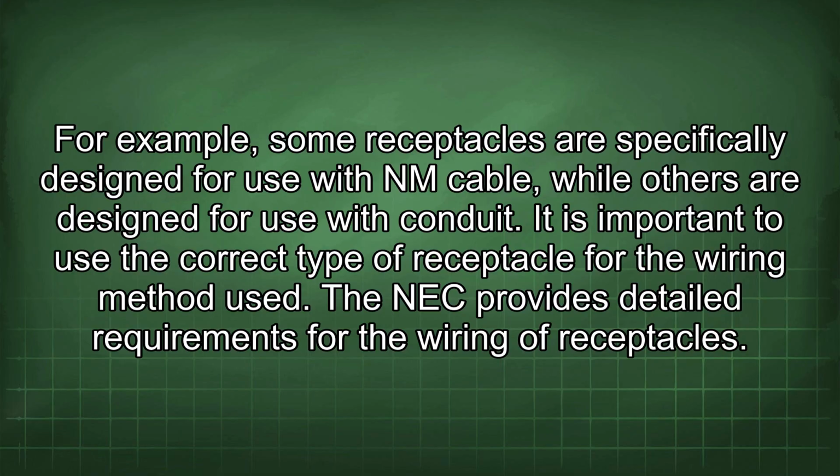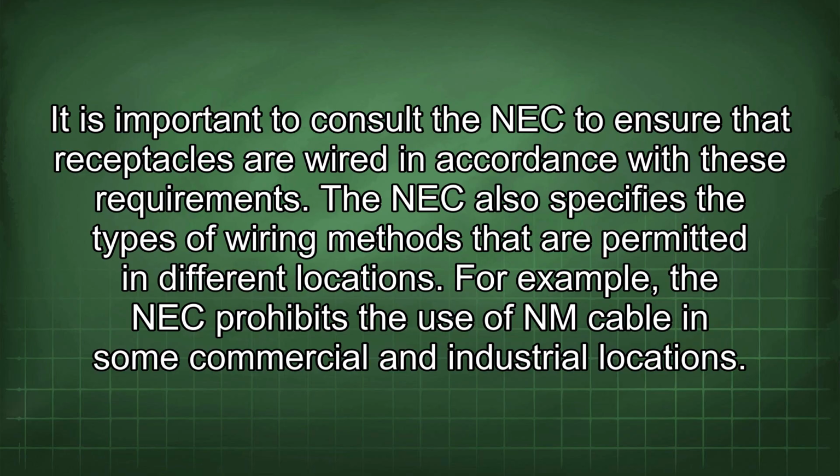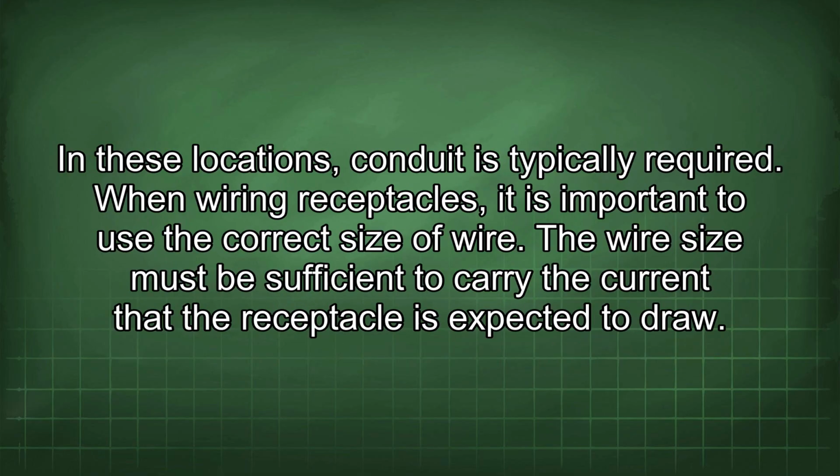The NEC provides detailed requirements for the wiring of receptacles. It is important to consult the NEC to ensure that receptacles are wired in accordance with these requirements. The NEC also specifies the types of wiring methods that are permitted in different locations. For example, the NEC prohibits the use of NM cable in some commercial and industrial locations. In these locations, conduit is typically required.